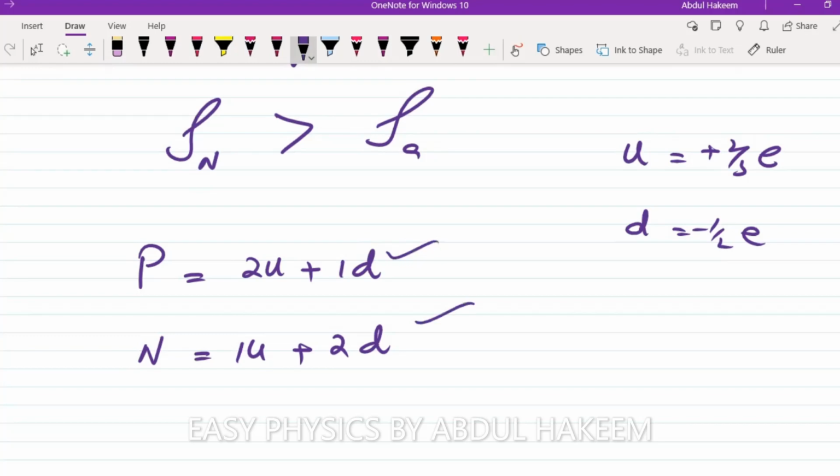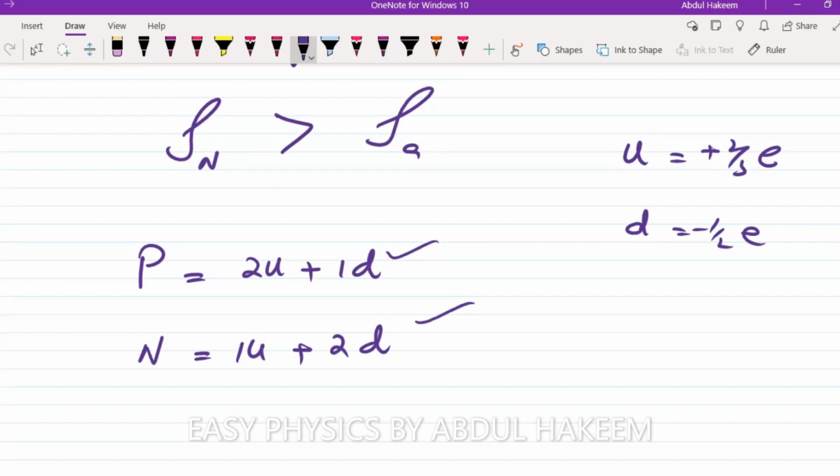And all these hadrons are under the influence of the strong force, and the strong force is effective only inside the nucleus. That's why its range is just the size of the nucleus, 10 power minus 14 meter, 10 power minus 15 meter. And outside the nucleus, all particles are leptons.